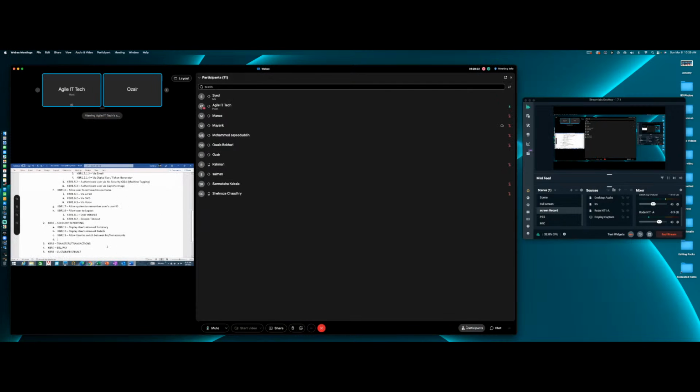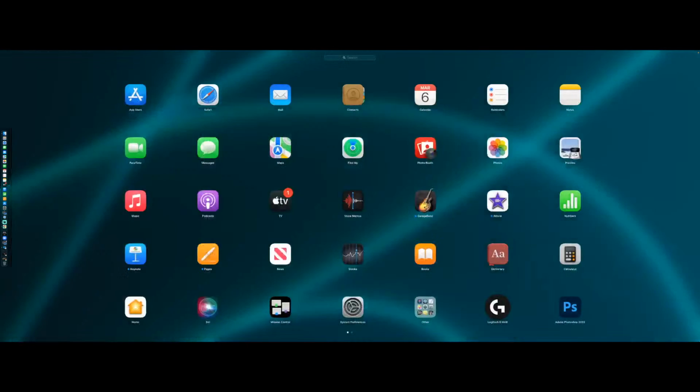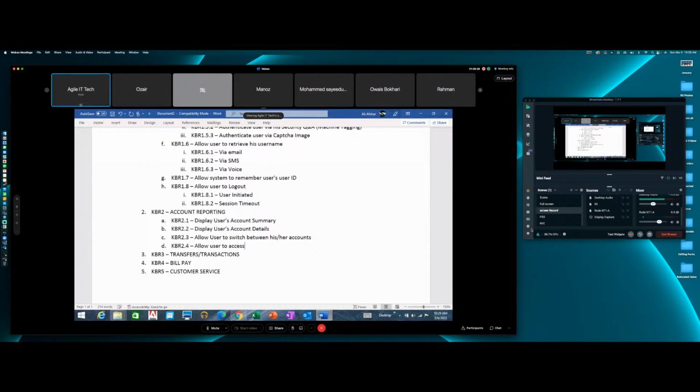What else? KBR 2.4, allow user to access his or her statements, correct? What other things under account reporting? Major functions I'm putting down.